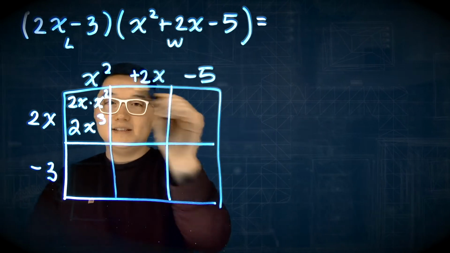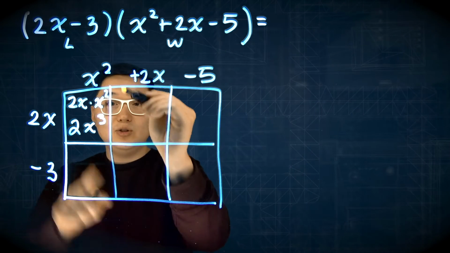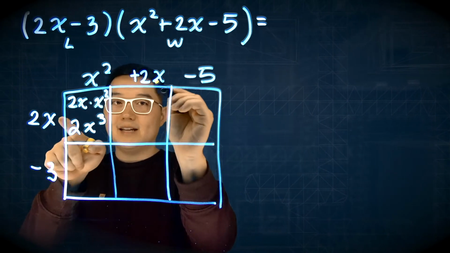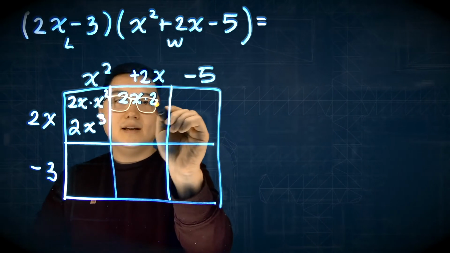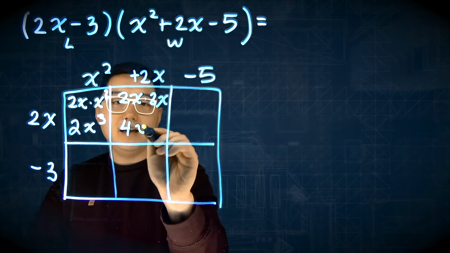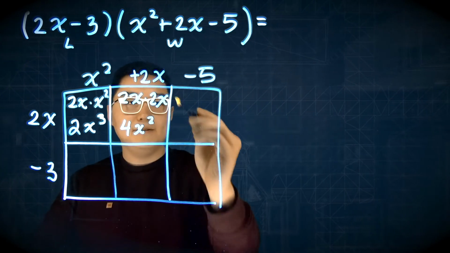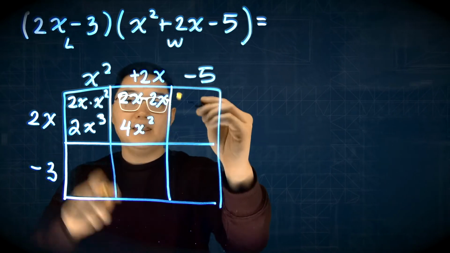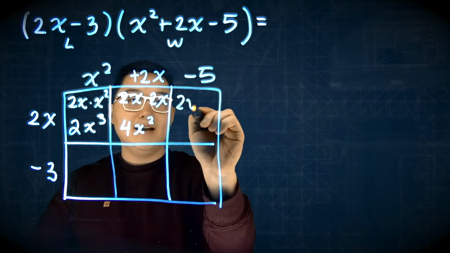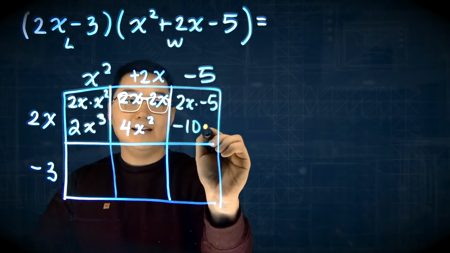Now what about this section? This section of the rectangle can be multiplied by the length of 2x times another 2x. So 2x times 2x gives us 4, and then x times x again is x squared. What about this section of the rectangle? This section has a length of 2x again times a width of -5. So 2x times -5 gives us a negative 10x.